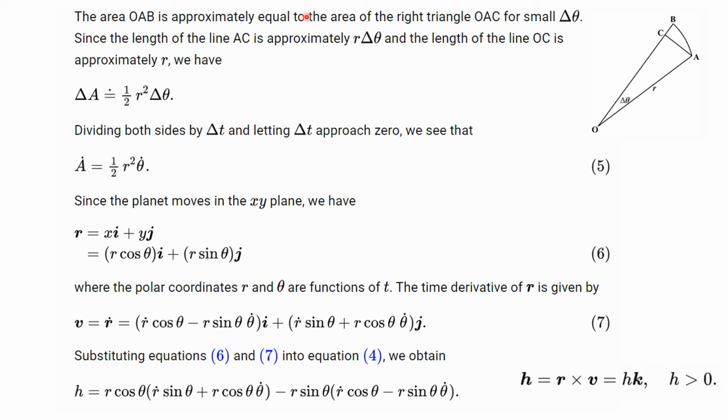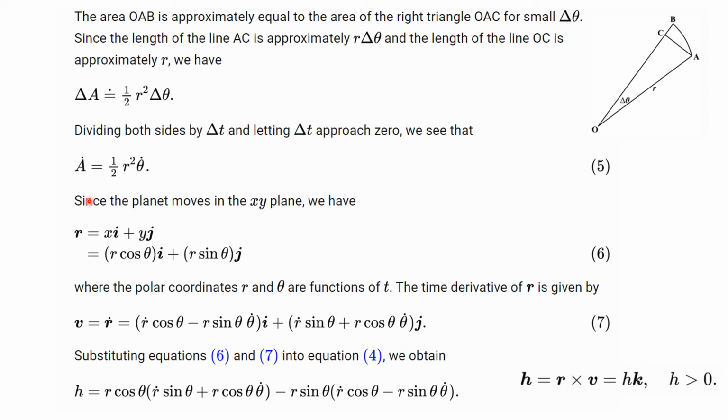So when I put that all together, delta A is approximately equal to 1/2 r squared delta theta. Now I'm going to divide both sides by delta t and let delta t approach 0, and I will get A dot is equal to 1/2 r squared theta dot.